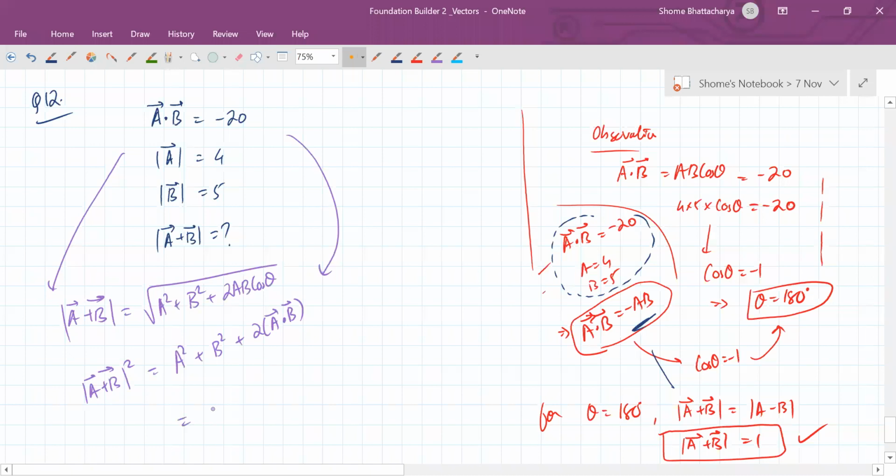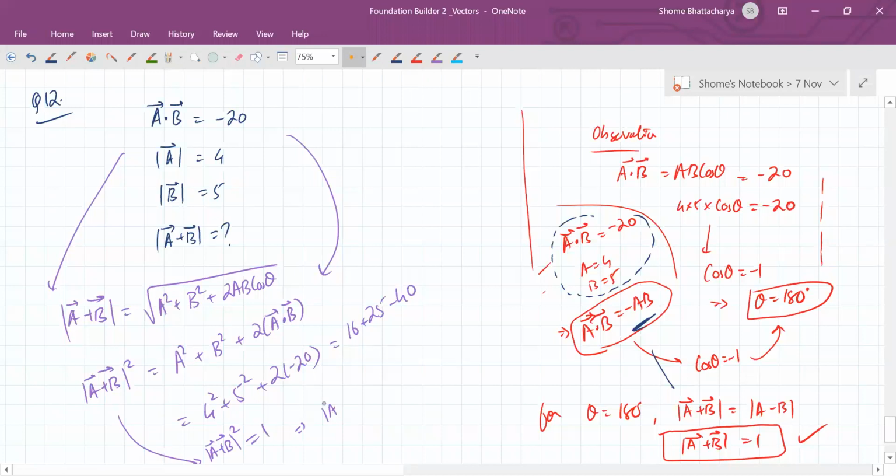So you have 4 square plus 5 square plus 2 into minus 20. That is 16 plus 25 minus 40, so that is 1. So the magnitude of A plus B whole square is 1.